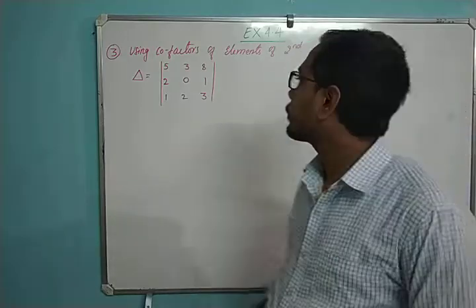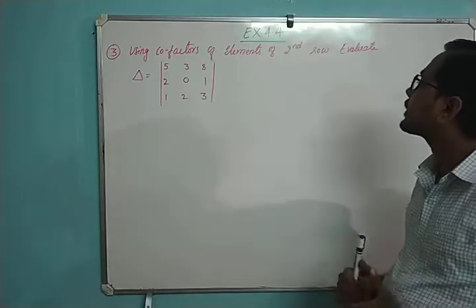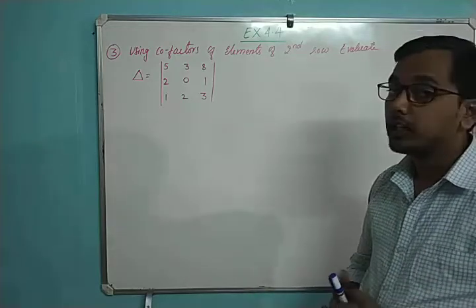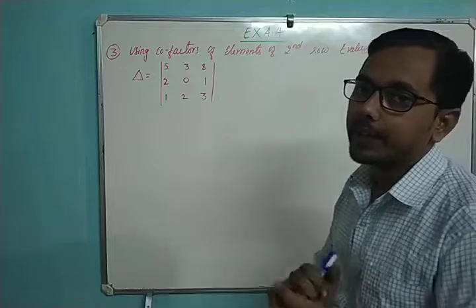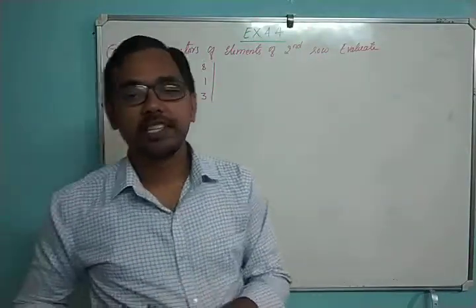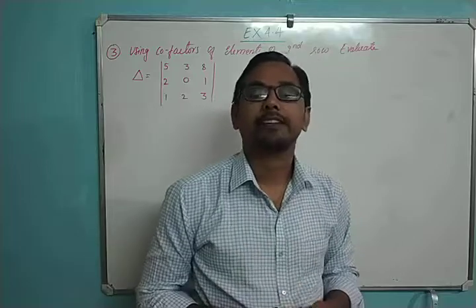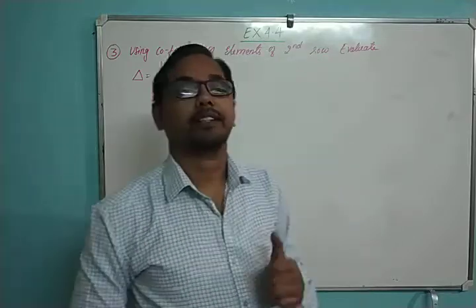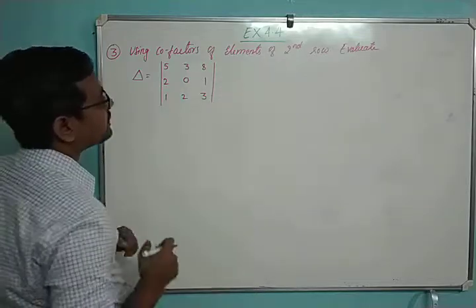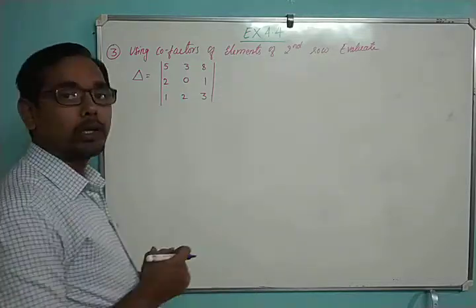The question is: using cofactors of elements of the second row, evaluate this particular determinant. We know, friends, that if we want to calculate the cofactors, we should calculate minors. So we need to calculate the minors of the second row only.